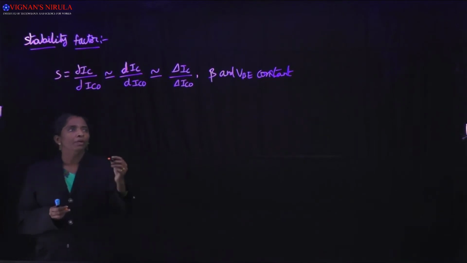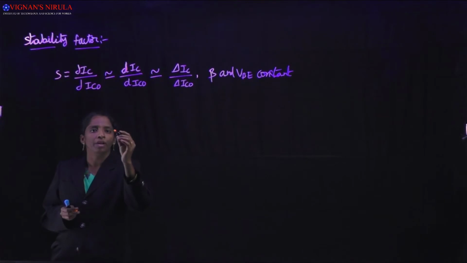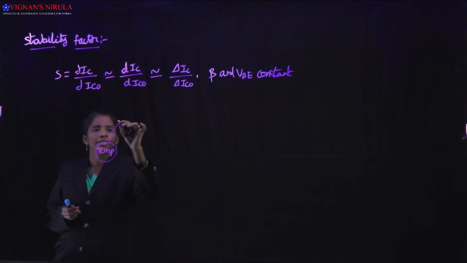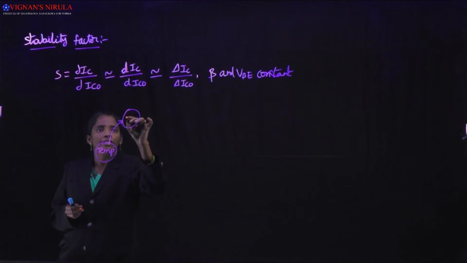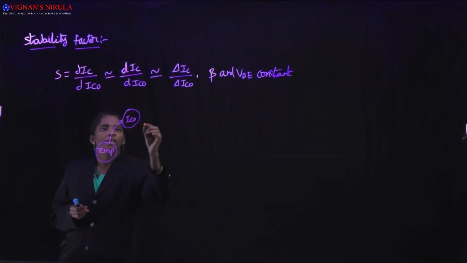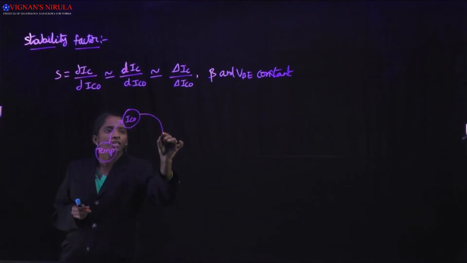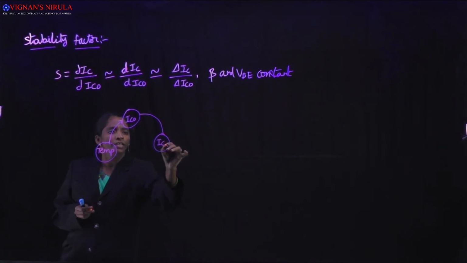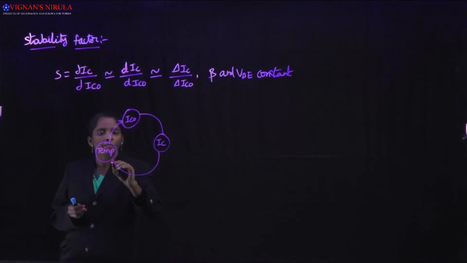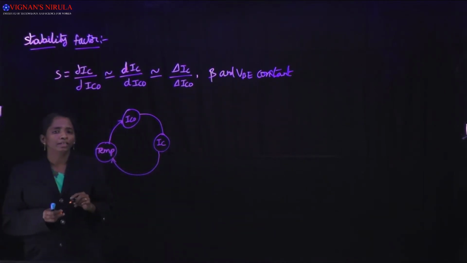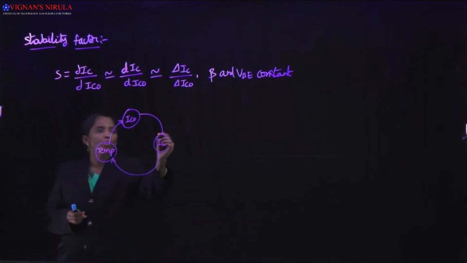If temperature increases, it will increase the reverse saturation current, represented by ICO. If the reverse saturation current increases, IC will increase. IC increasing creates an increase in the temperature at the collector base junction. So it is a cumulative process.